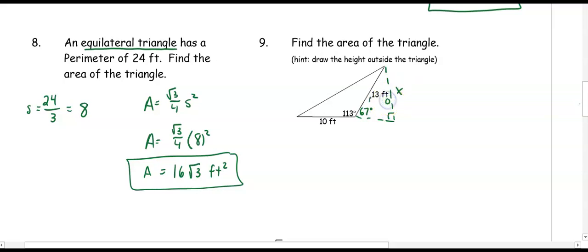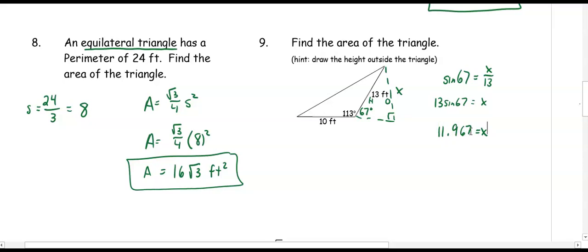So we have our opposite and our hypotenuse, so we're using the sine of x. The sine of 67 is equal to x over 13. We can multiply 13 times the sine of 67 is equal to x. So we get x equals 11.967.